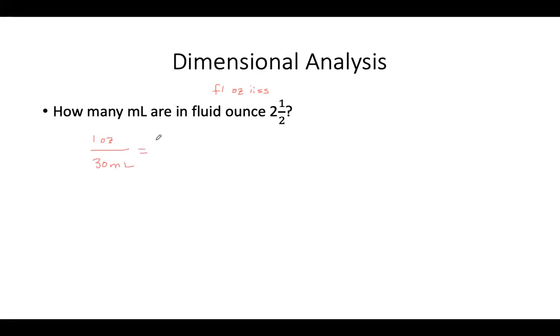So that is equal to 2.5 ounces over X. And then we would cross multiply to solve. If you notice, when we set them up this way, we always have the same units on either side of the equation. So if we have ounces on top on this side, we have ounces on top on this side. If we have milliliters on the bottom, milliliters will be on the bottom here.